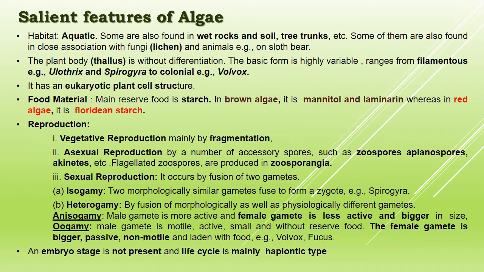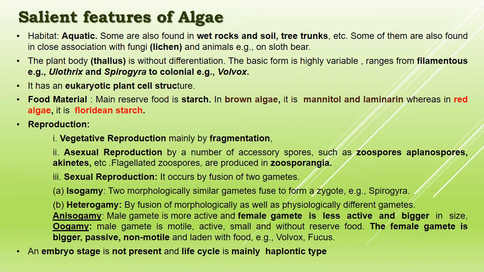They are called isogamous. Example, Chlamydomonas, where the gametes are flagellate. Spirogyra, where gametes are non-flagellated but similar in size.